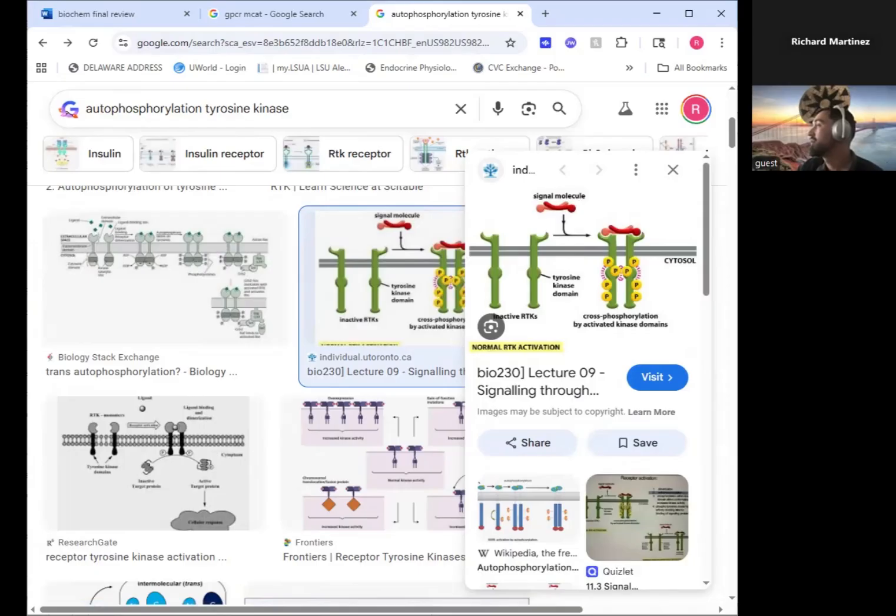I would say it's very low yield for that. AKT pathway, PI3K. Great question. It's for metabolism. So what he's asking is, is PI3K, AKT pathway turned on the same way?